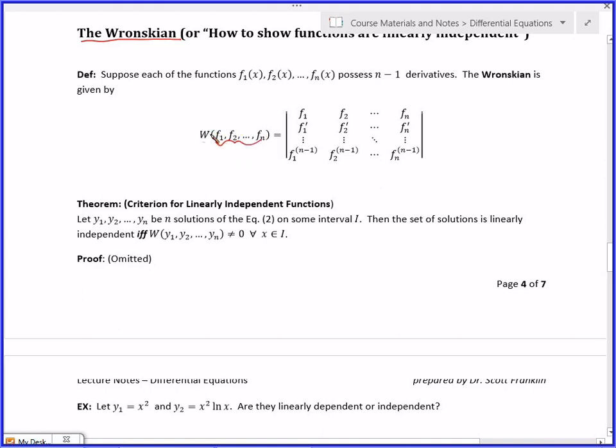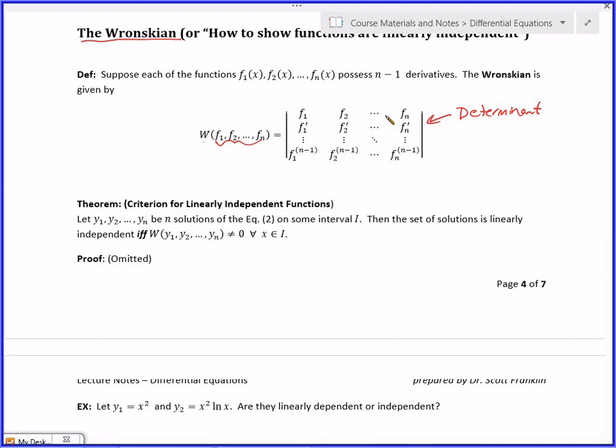So the Wronskian W is a function applied to a group of functions, and what you do is take the determinant of this matrix. The first row of the matrix is just the functions. Like in our previous example, we would put cosine squared, sine squared, secant squared, tangent squared. That's the first row of your matrix.